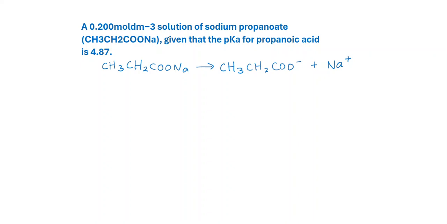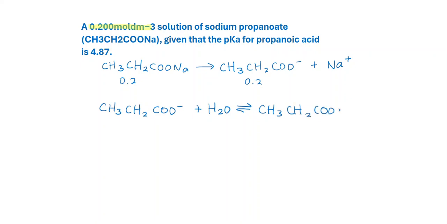And then again, these are all equimolar, so if our concentration of this is 0.2, we can just say that this is also 0.2. And then if this hydrolyzes, remember we do plus H2O, equilibrium arrow, and then this will give us propanoic acid plus OH minus.